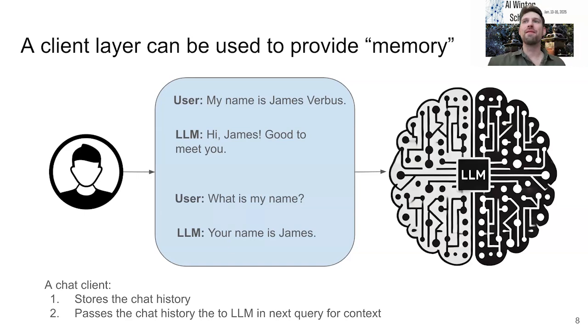Then for every future question from the user, all of the prior chat history is also provided to the LLM. So in this case, you can provide it with your name, and it'll give a good response. Then when you ask another question, what is my name, it'll be able to leverage that prior history that went into the LLM and answer the question. Basically, this is a memory buffer that is provided via the client layer for the chat.